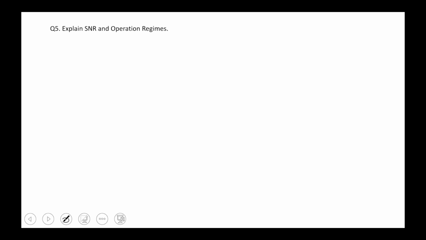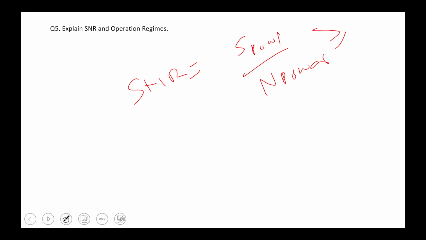So signal to noise ratio is defined as the ratio of the signal power upon the noise power. In a photo detector we require a high signal to noise ratio. For that we require less noise power.